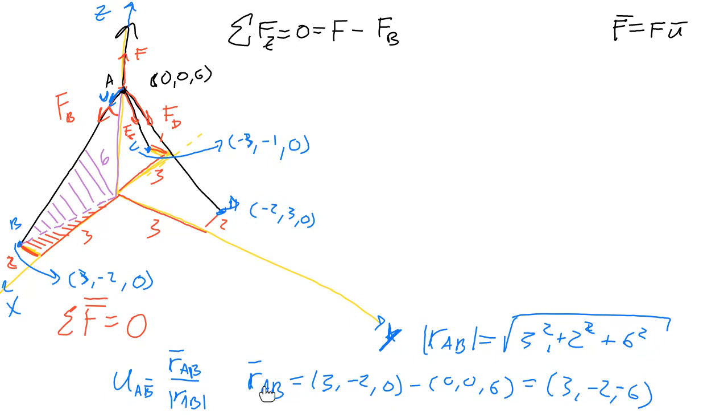That gives you the magnitude. Then we can say force B is equal to the magnitude of force B times the unit vector u_AB.